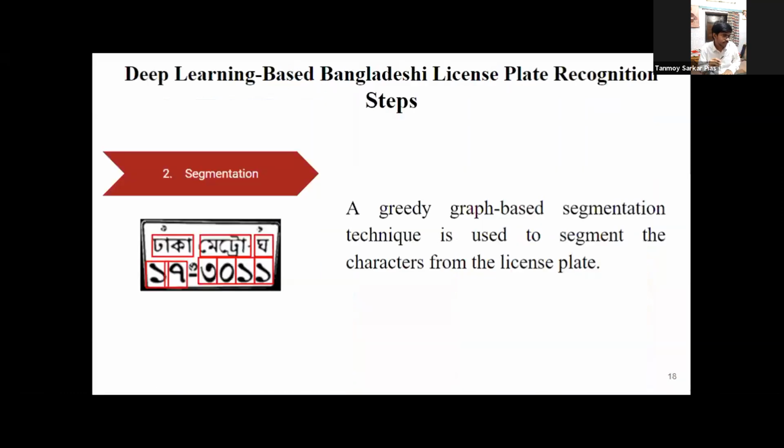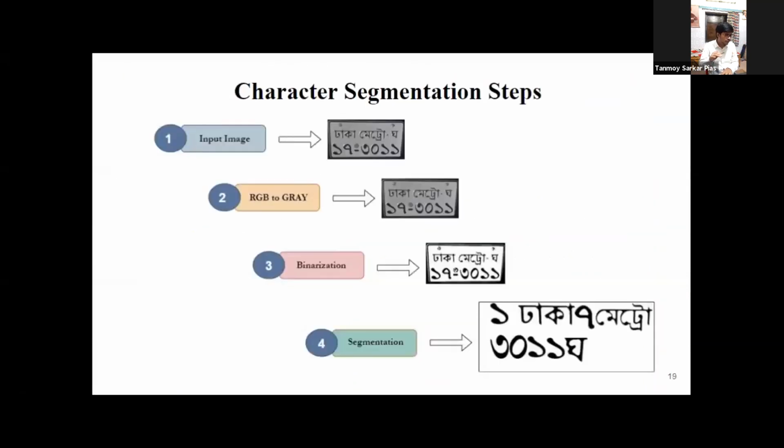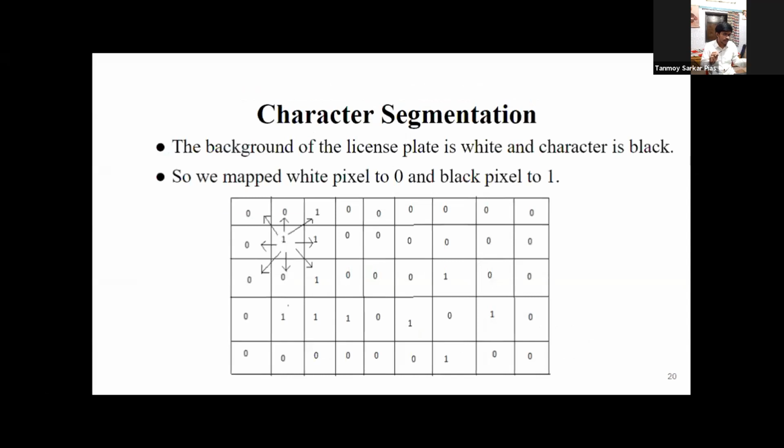Then we go to the segmentation process. My colleague already discussed this thoroughly, so I am just going to be brief. In the segmentation process, we used a greedy graph-based segmentation technique to segment the characters from the license plate. There are 4 stages. In the fourth stage, we get the segmented characters. This is the mapping, which actually works on BFS.